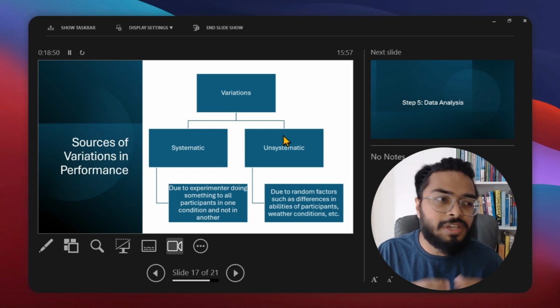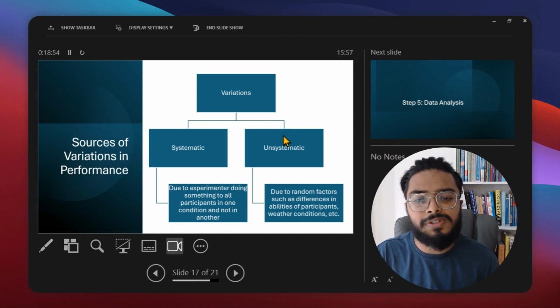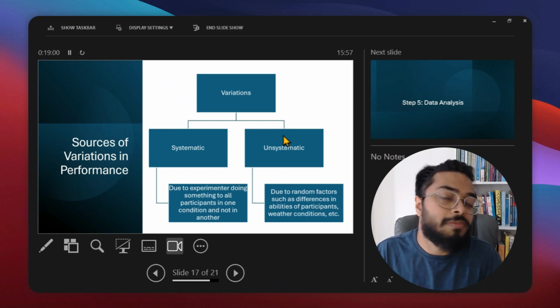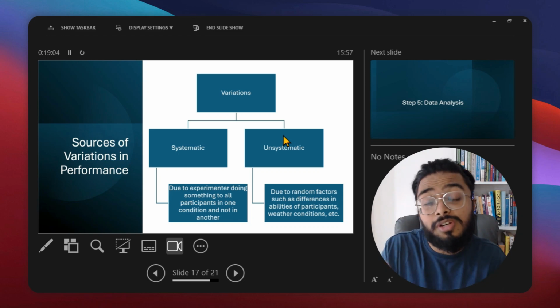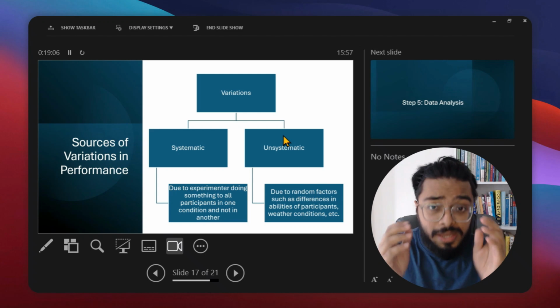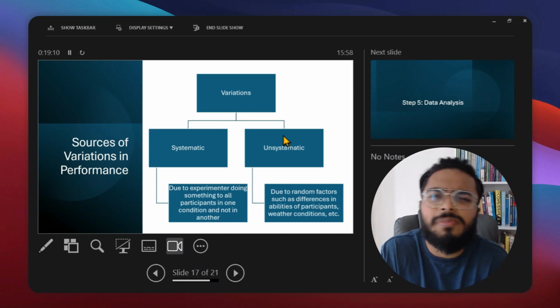Something affects everyone's life, the lives of your participants, and because of that, it shows some random variations in reduction, or reduction or increase even.